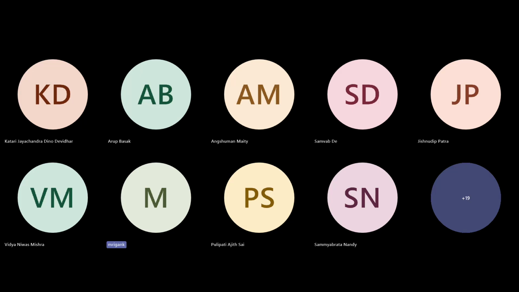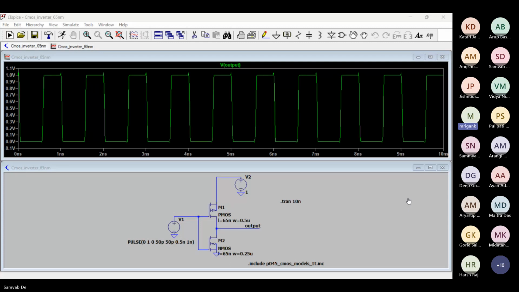There should be an option of going to full screen, participants list and all. So, in order to go to full screen, I guess there was an option for going to full screen and hiding this participants panel.